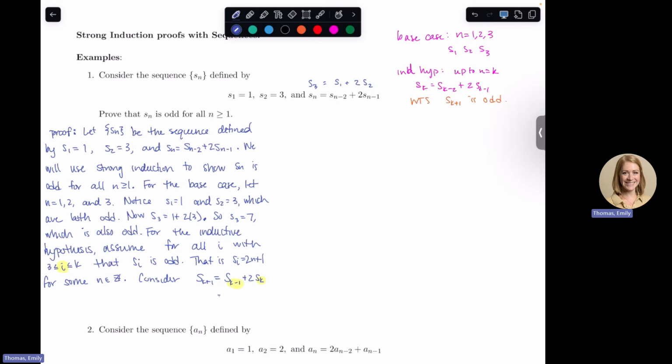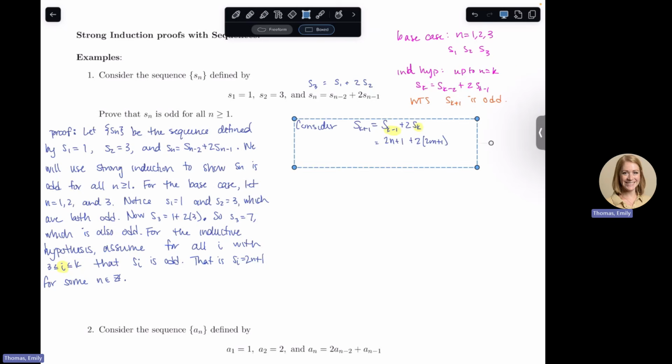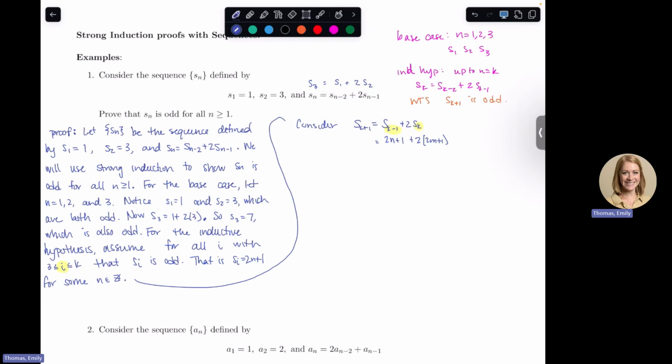Did you say wait or right? Okay. So this is 2N plus 1 plus 2 times 2M plus 1, for M and N in Z, and that is by the inductive hypothesis. Then this is 2N plus 1 plus 4M plus 2.